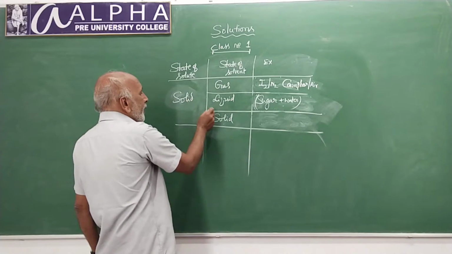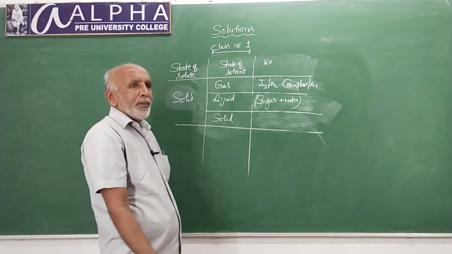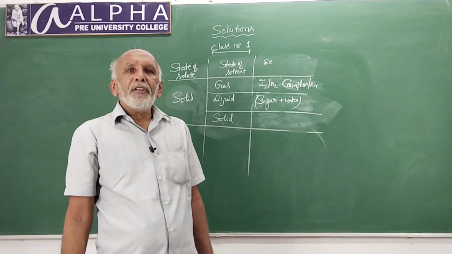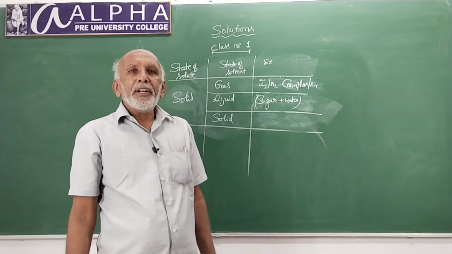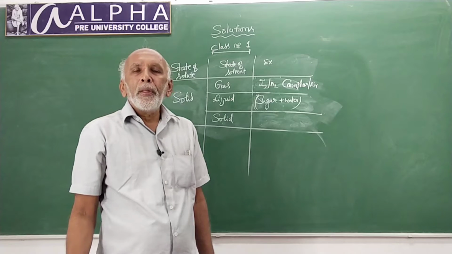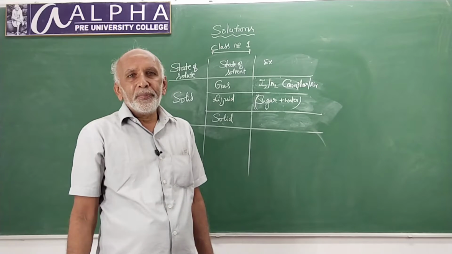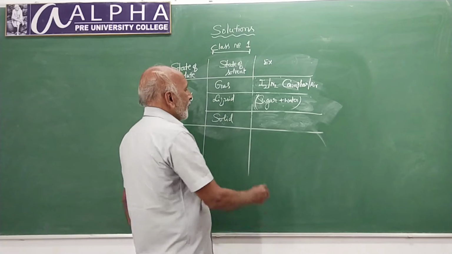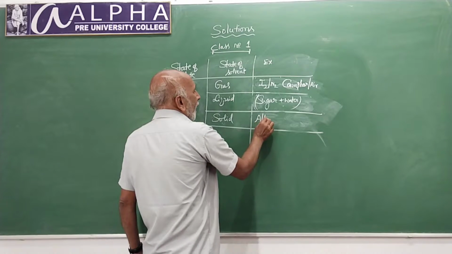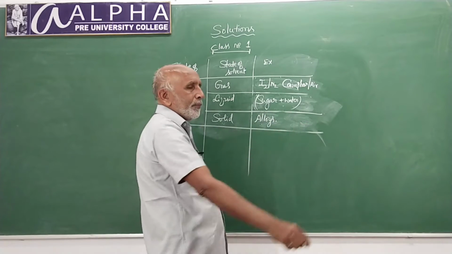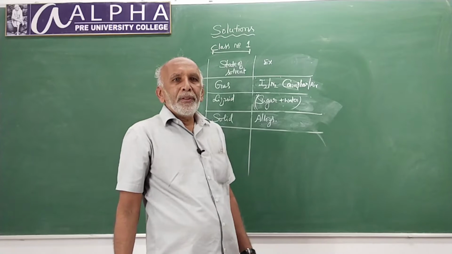Then solid in solid solution. One solid dissolved in another solid. Totally the system or solution looks like a solid. Examples for this are alloys.